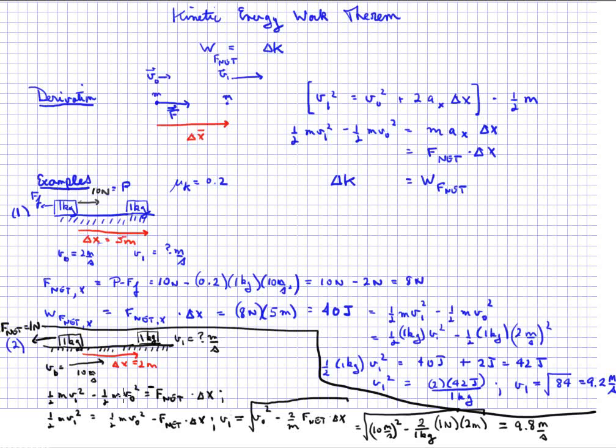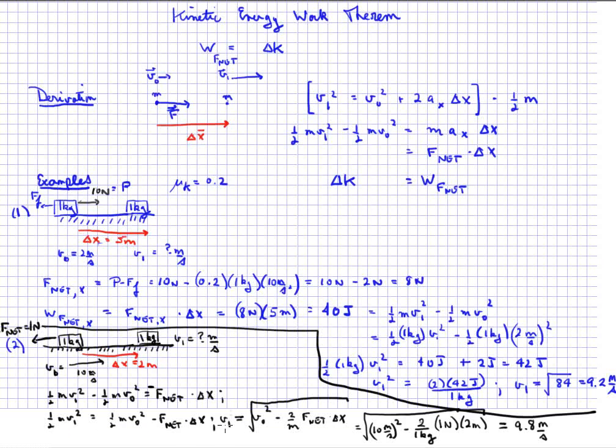So the kinetic energy work theorem says that the difference in the kinetic energy, 1/2 mv1 squared minus 1/2 mv0 squared, is equal to the work done by the net force. But since the net force and the displacement are anti-parallel, the angle is 180, and therefore this is the negative of the magnitude of F net times delta x. It's negative. 1/2 mv1 squared is then 1/2 mv0 squared minus F net times delta x.